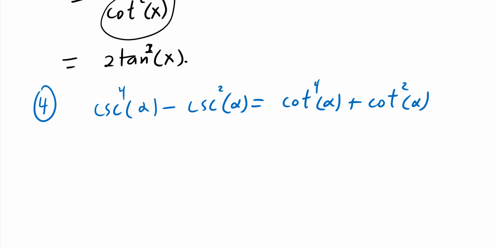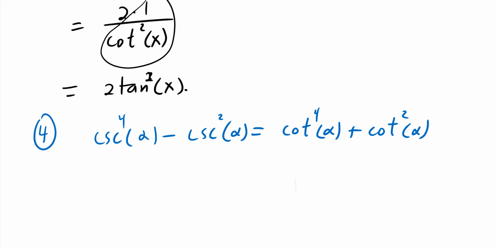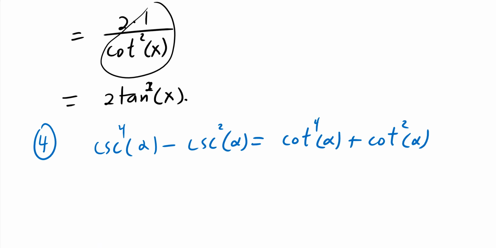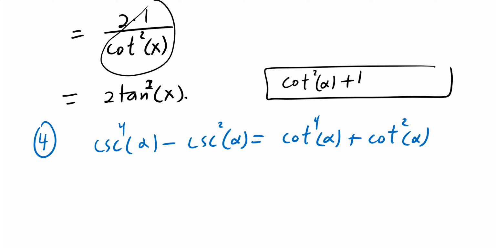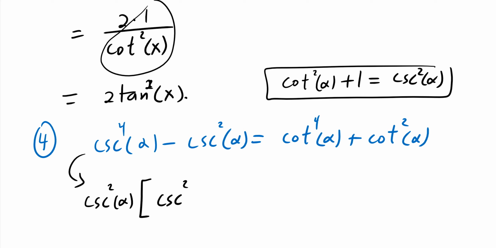To start with this one, keep in mind, this is all about cosecant and cotan, and I just use this identity here that connects these two together. Let me write it down here: cotangent square alpha plus 1 is cosecant square alpha. Okay, so maybe we might need that. So this here I see to the 4th power. Maybe if I factor out cosecant square alpha, that'll leave cosecant square alpha minus 1.